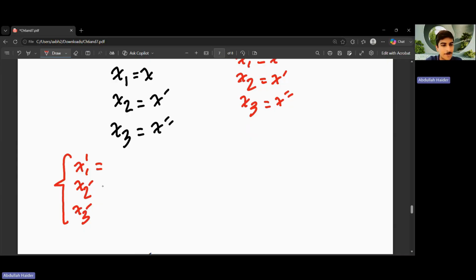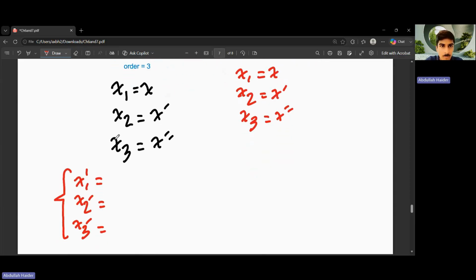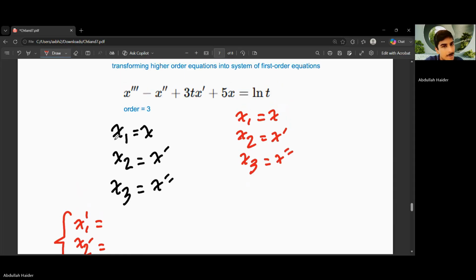This is what I want to find as my final answer. Just a quick recap. Order is 3 means we need 3 variables, x1, x2, x3. x1, we will always set as x. x2 will be the next derivative, and x3 will be the next derivative of these x's.